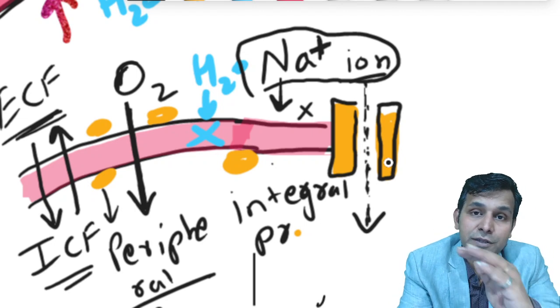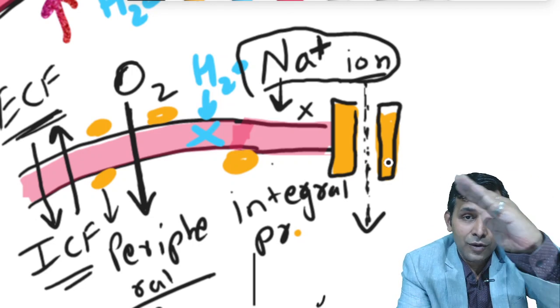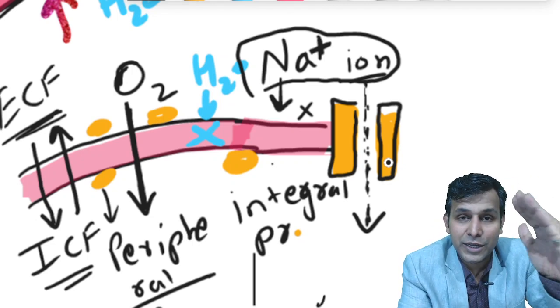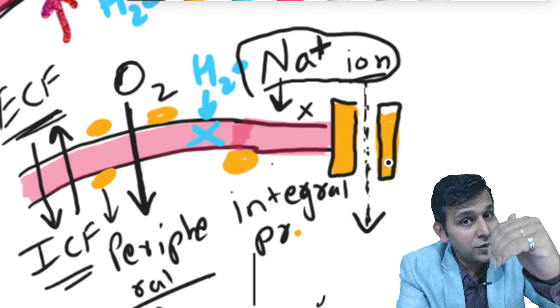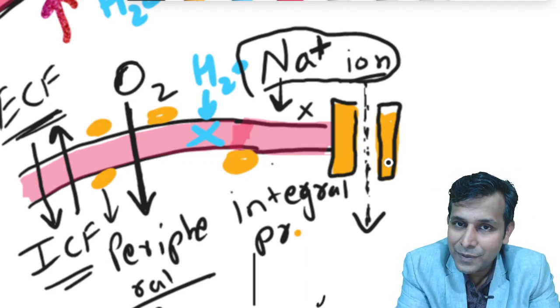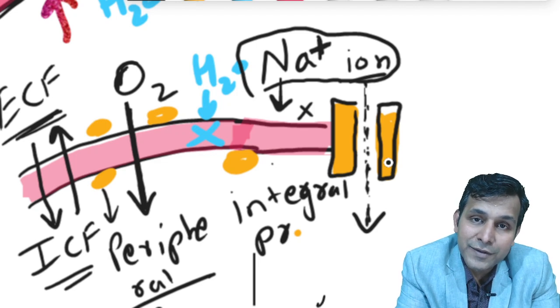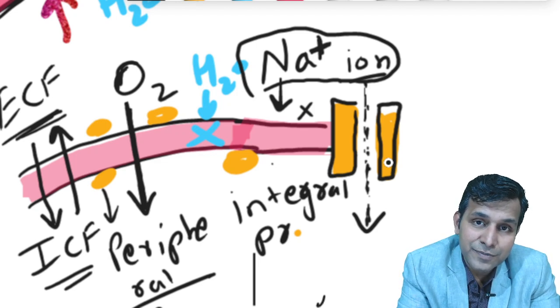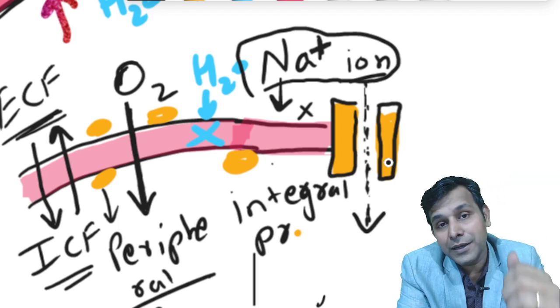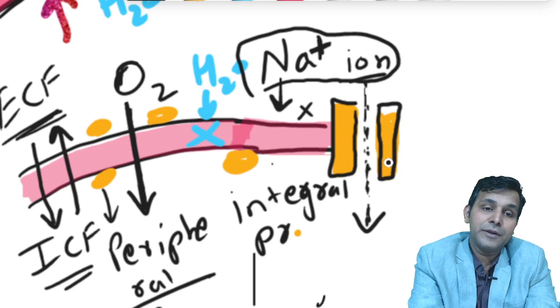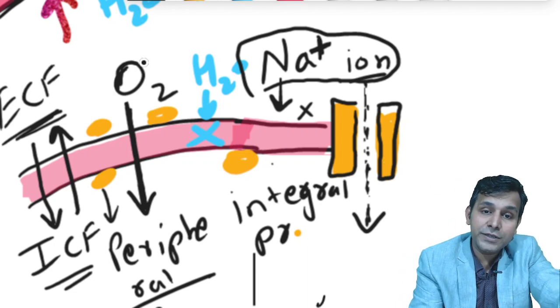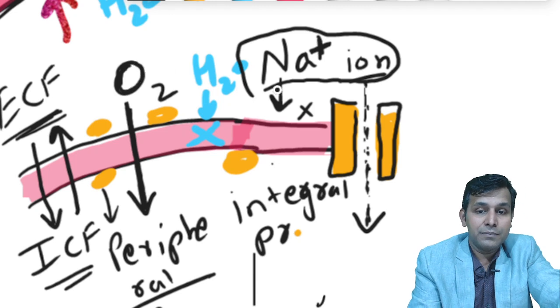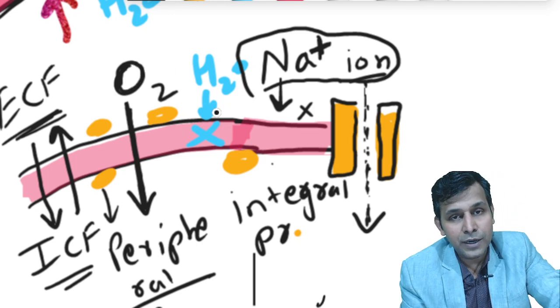The hydrophilic substances can stay near the cell membrane. Water can stay near the cell membrane, but it cannot cross the cell membrane directly, whereas lipid soluble substances like gases can cross the lipid bilayer directly. So oxygen can cross the lipid bilayer directly, but sodium cannot cross.